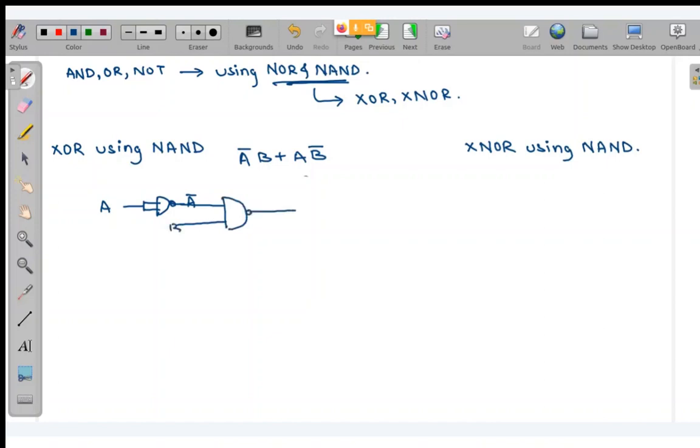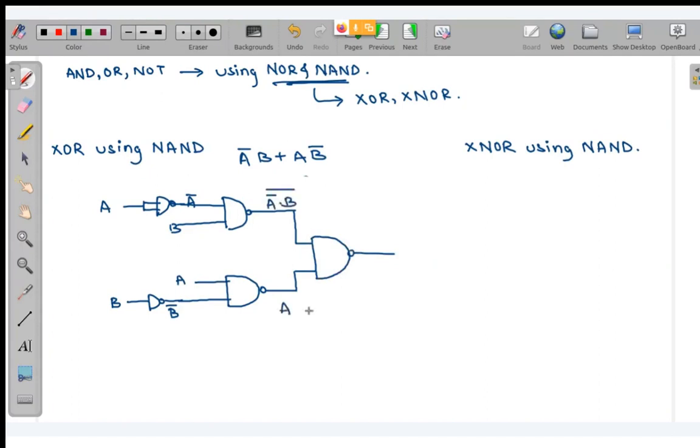This is B, and over here, this is B complement, and over here this is A. One more if I use, so from here this is (A dot B)' complement, and this will be (A dot B')' complement.